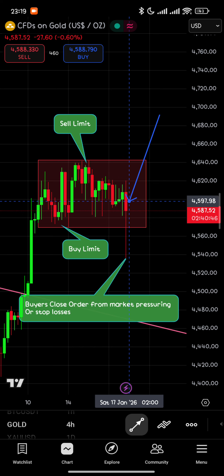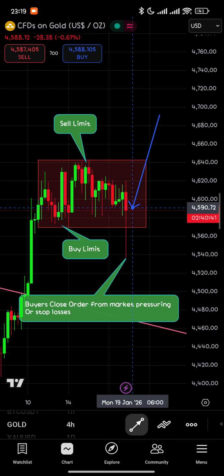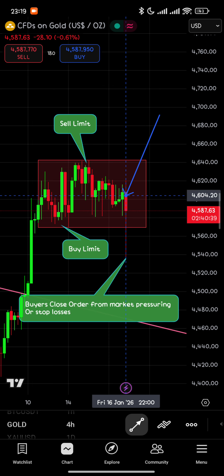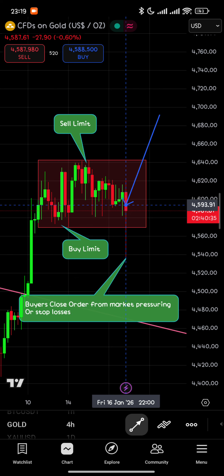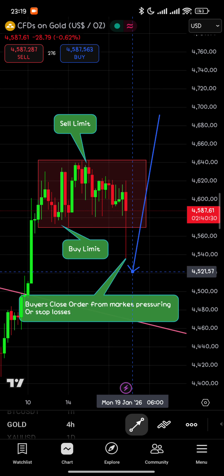The next thing we have to do is wait for this candle to close. If this candle is going to close around here, a body candle close below support means that price is still going to drop downward.